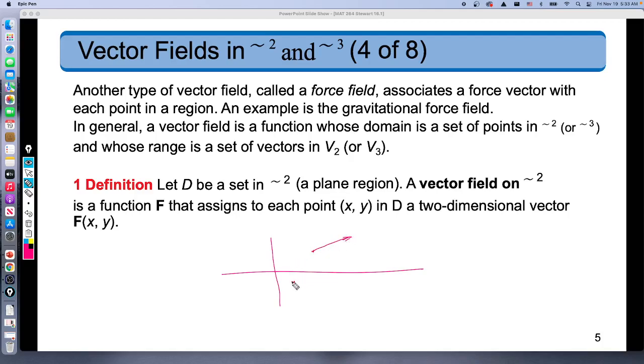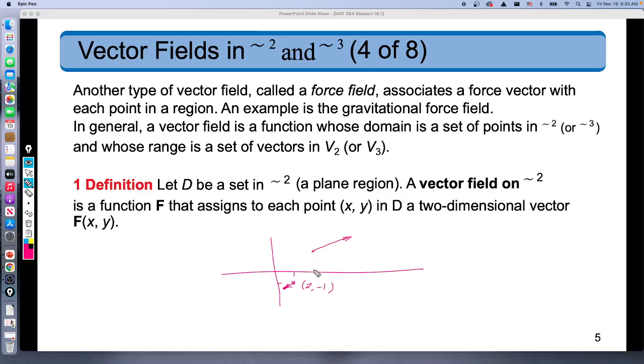This point over here may have a different direction, maybe a shorter one, not as much. This is just randomly assigned by myself, but we could have a function that actually does this. It takes the x coordinate and the y coordinate. This one might be, say, (2, -1), and from plugging the x and the y in, we get a function that gives us the magnitude and the direction. It gives us a vector.